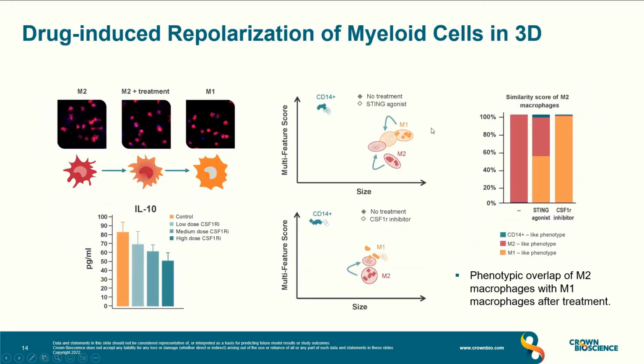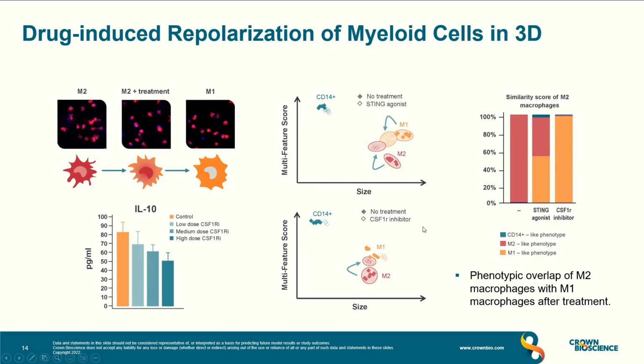If we then start looking at drug responses in our 3D setups, we see that we can go from M2 macrophage polarization to M1 macrophage polarization by adding different treatments like the STING agonists or CSF1 inhibitors.